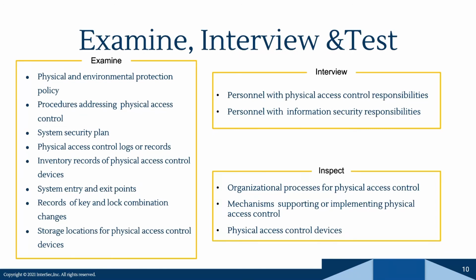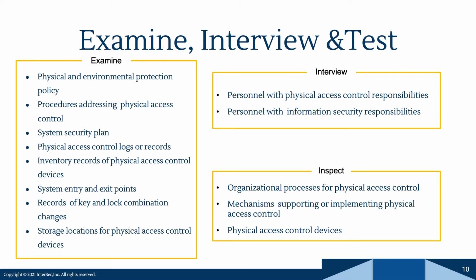When assessment time finally rolls around, this list here is going to be very important to understand, as this will be what C3PAOs look for when they search through your artifacts. For the examine method, they might look at your physical and environmental protection policy, procedures addressing physical access control logs or records, inventory records of physical access control devices, or even records of key and lock combination changes.